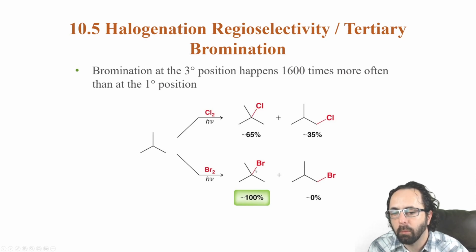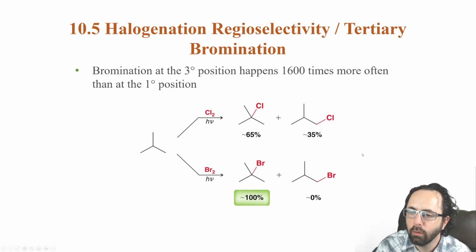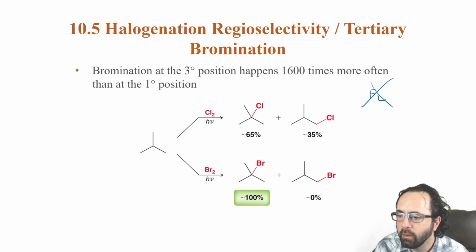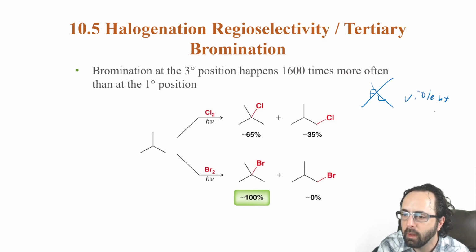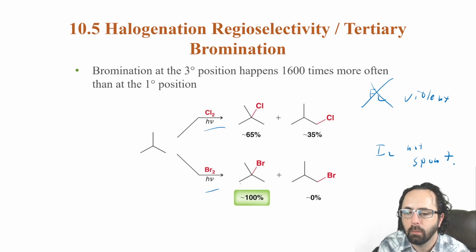So the bromination here is going to be 100% adding bromine in the more substituted position, whereas the chlorination will produce a mixture of products. We don't do fluorination, so no F2, and that's because it will produce too violent of a reaction. And we don't use I2 because this is not going to be a spontaneous reaction. And so our options are chlorination and bromination.